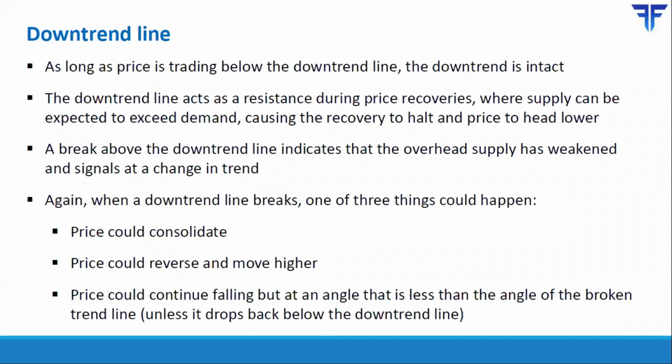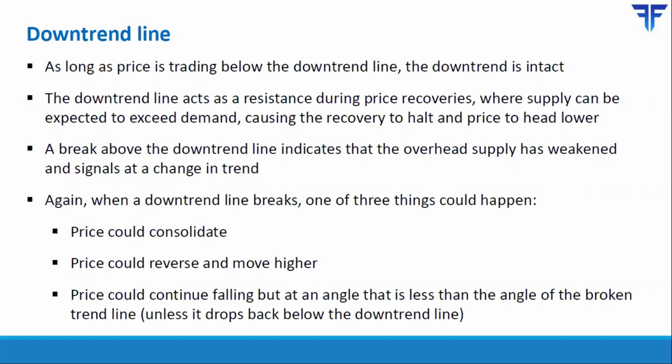Similarly, what I said of the uptrend line, as long as price is trading below the downtrend line, the downtrend is very much intact, and you should use rallies to sell. The downtrend line acts as a resistance whenever price recovers and touches it.